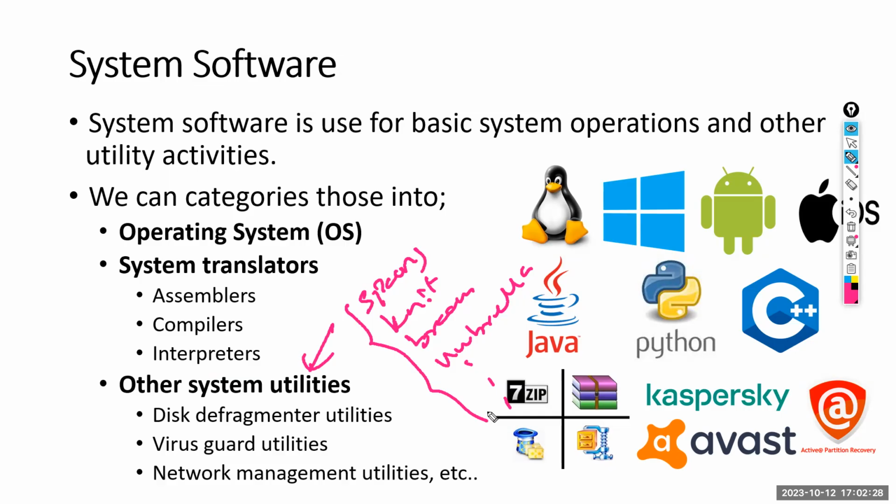I don't think that anyone cleans their room because they like it, but whether we like it or not, we have to do that. So therefore, a broom is a utility. But a cricket bat is not a utility. That is an application. A television is not a utility. That is an application.